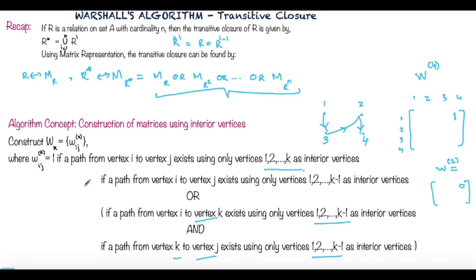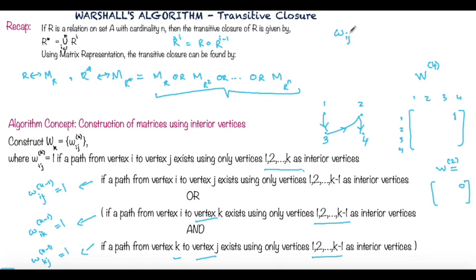Okay, so what does this mean? This means that w_ij^(k-1) is equal to 1, right? Or this means w_ik^(k-1) is equal to 1, and this means w_kj^(k-1) is equal to 1. Okay, so our recursion works like this.